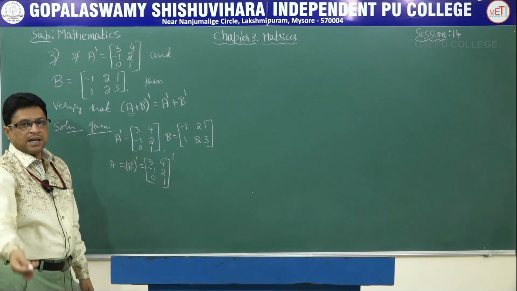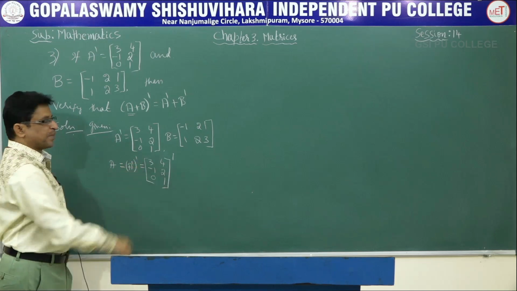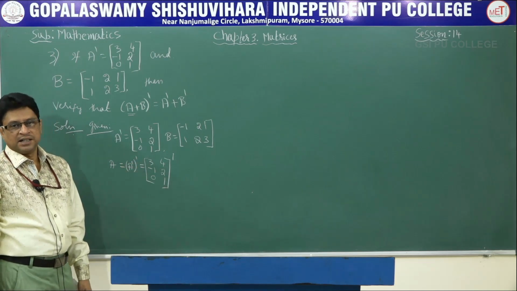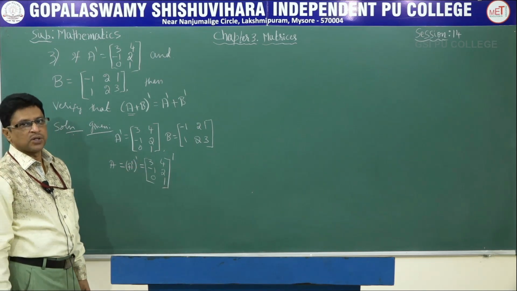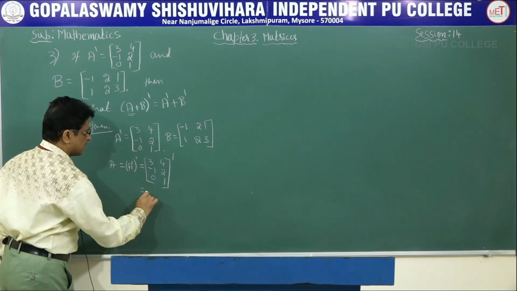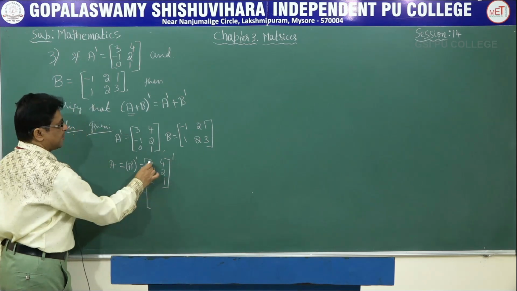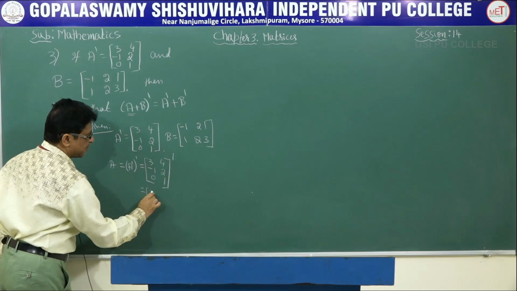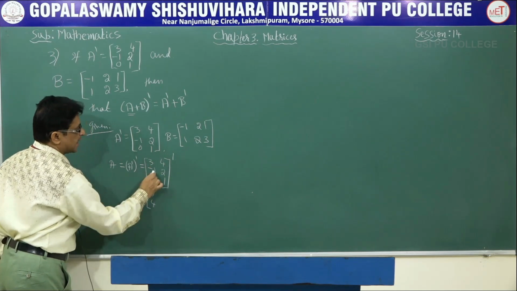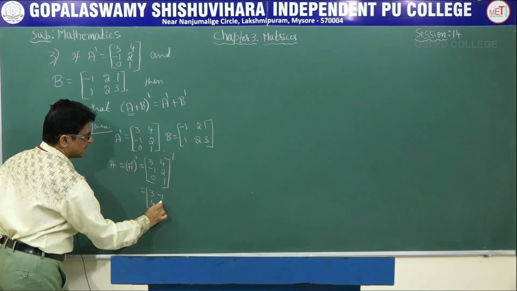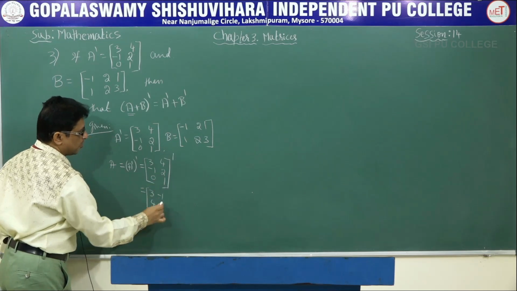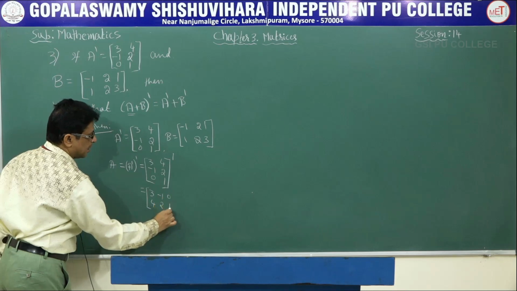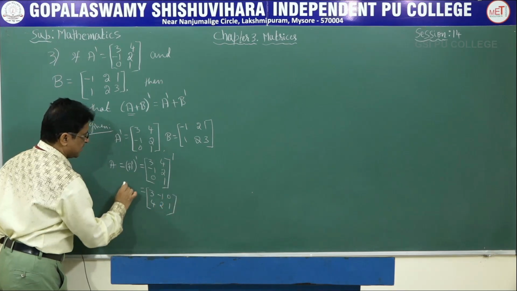In the last session we have discussed that the transpose is nothing but the interchanging of rows and columns. So here the first row, 3, 4, becomes the first column. Second row, minus 1, 2, becomes the second column. Third row becomes the third column. So this is A.